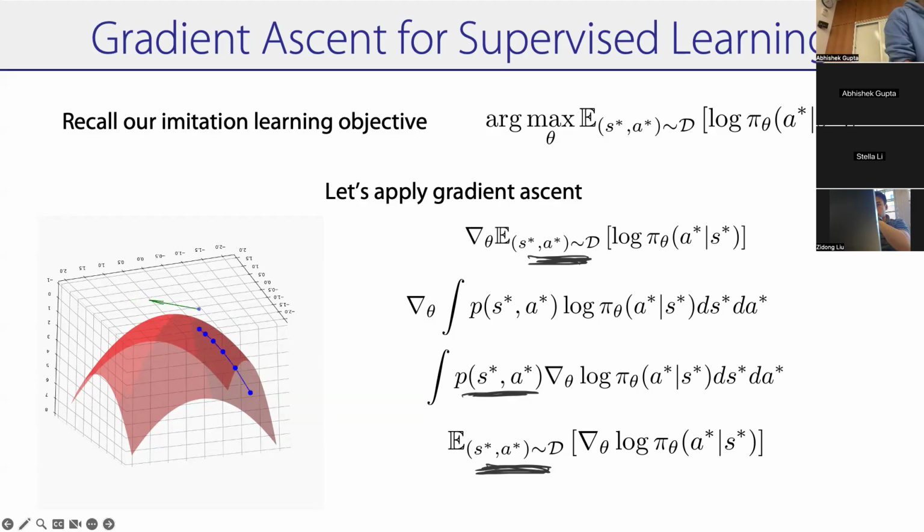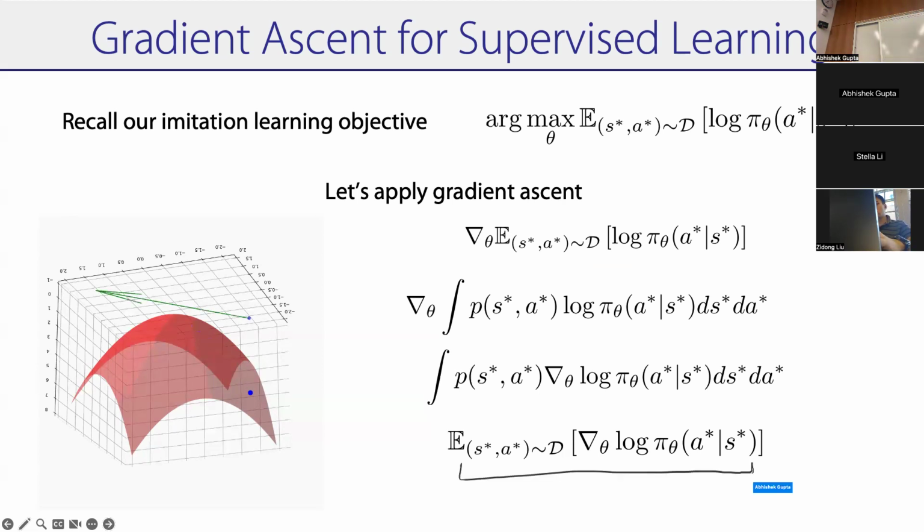So the point here is that we have an expectation of a gradient. The reason that's nice is that obviously I'm not going to integrate this over all possible states and actions, which is infinitely many. When you have an expectation of something, you can approximate it using samples.